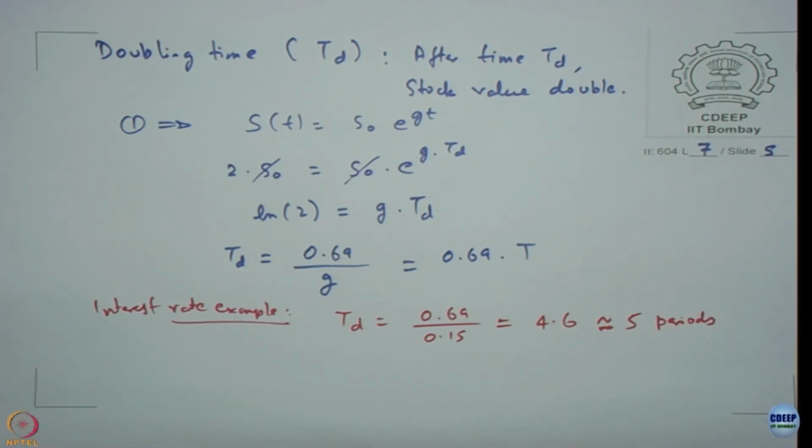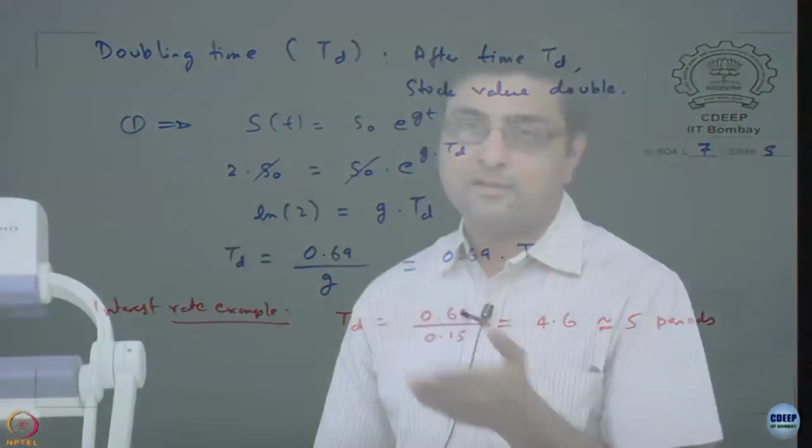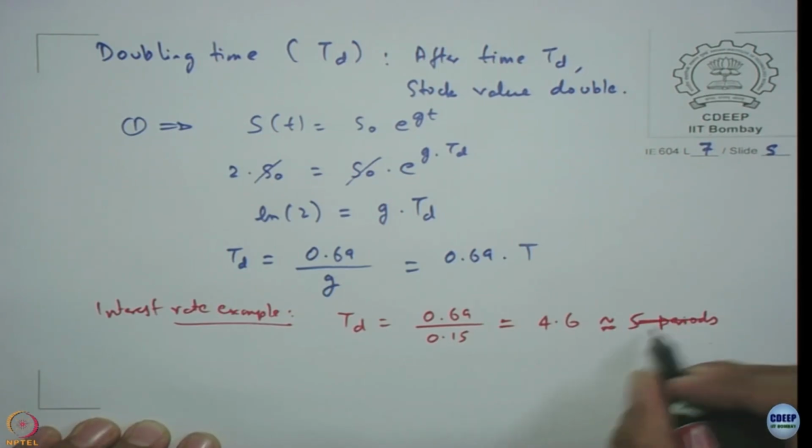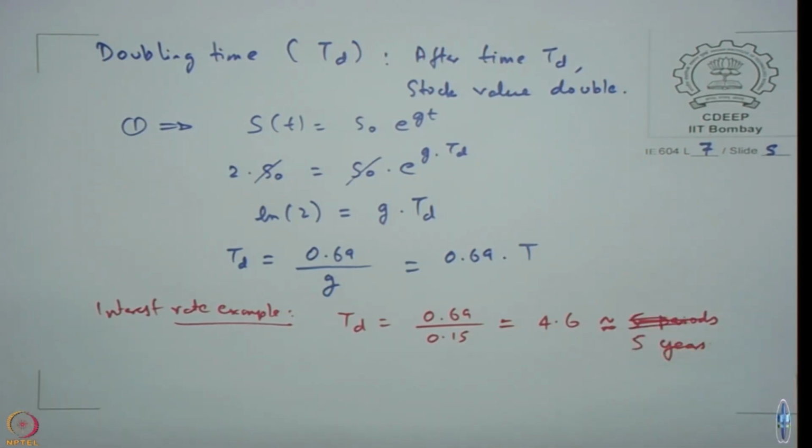Since our time interval of integration was 1, only in the 5th period we were able to observe that it has doubled the value. If you had used a smaller time step, then you would have observed closer to 4.5, 4.6. So every 4.6 years, or 5 periods, the value of stock is going to keep doubling.